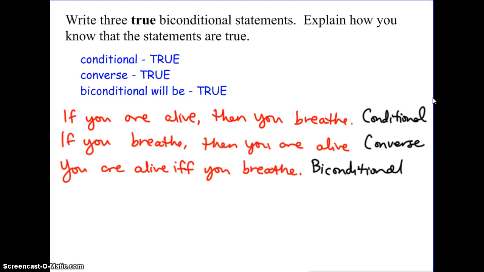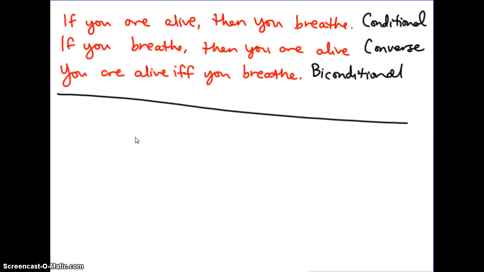Alright, let's do one more, and then you are going to provide the third example for me, okay? And then we'll discuss your third example in class. So let's do a math one. If a polygon has 3 sides, it is a triangle.